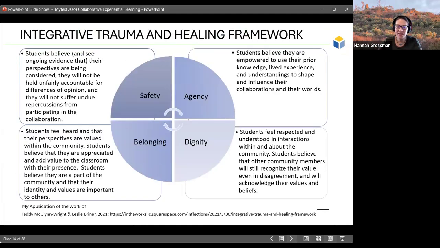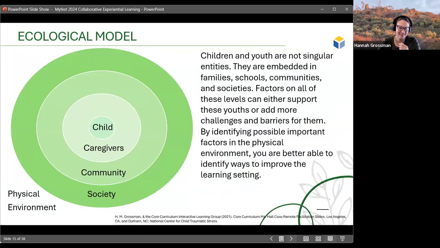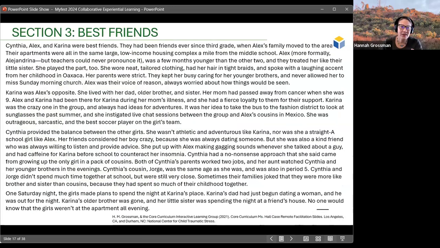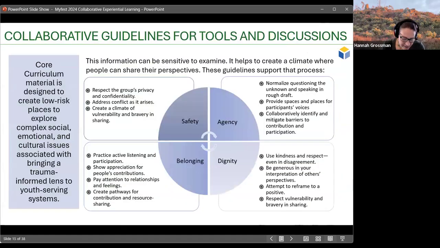Similarly, we use this integrative trauma and healing framework to create collaborative guidelines for our tools and discussions. Now, the integrative trauma and healing framework was created by, actually, no, I don't have the slide right there. It was created by Teddy McGinn and Leslie Briner in 2014.